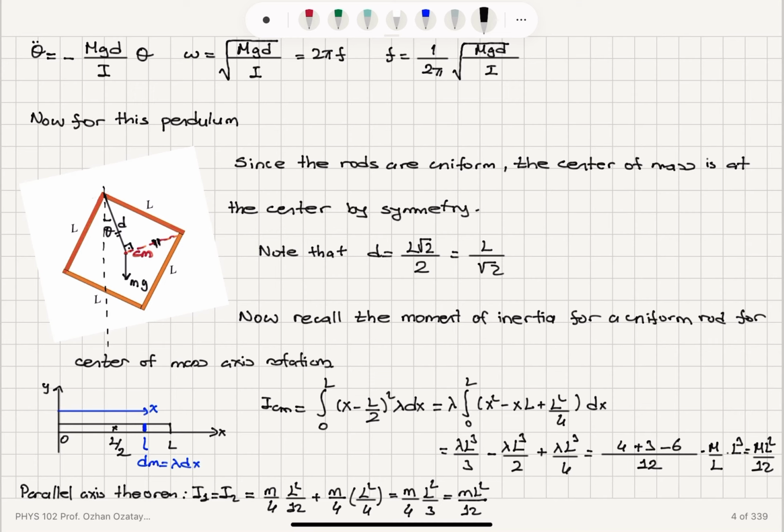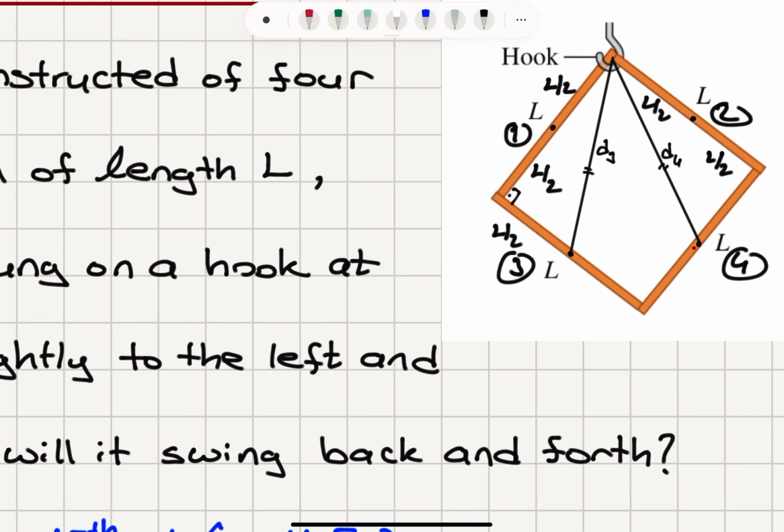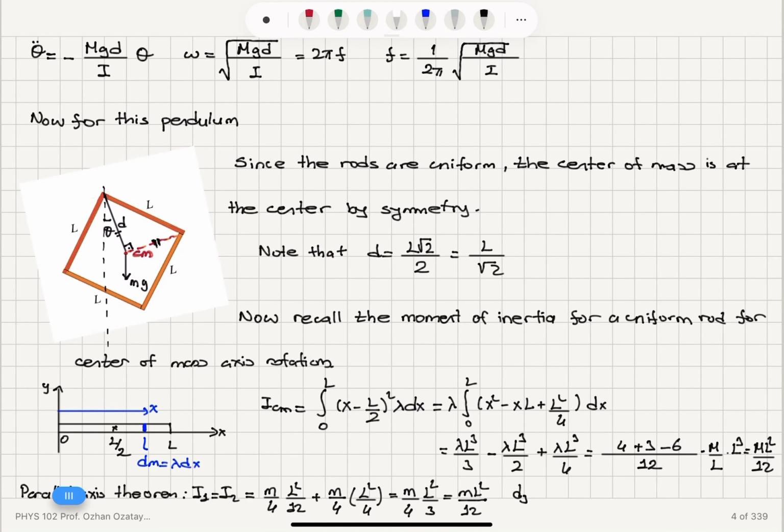For segments 3 and 4, if you consider the distance from the center of mass of this rod to the pivot point, so our new rotation axis that is basically parallel to this axis, this distance is L, this distance is L over 2, so D3 is the hypotenuse of this right triangle, so D3 squared is L squared over 4 plus L squared, which is 5L squared over 4.